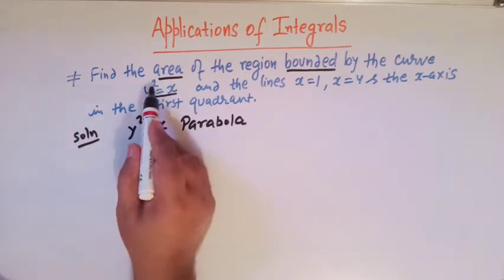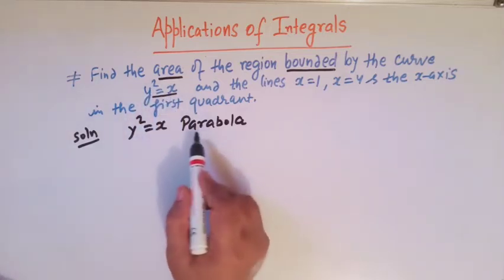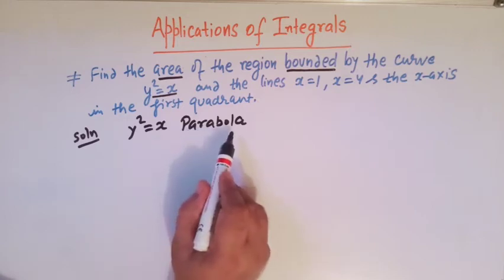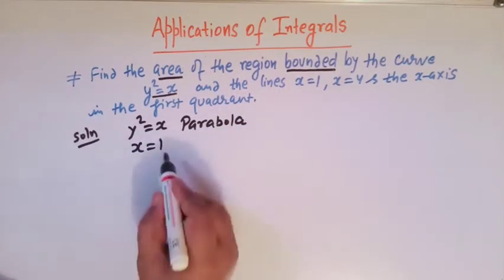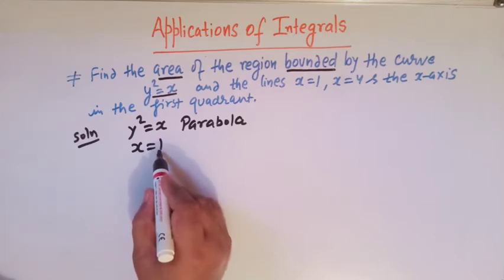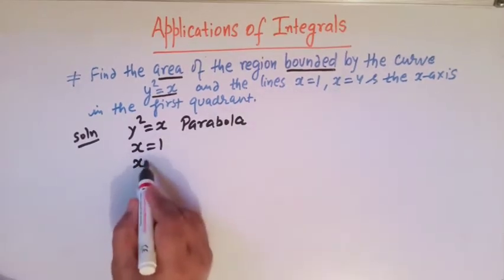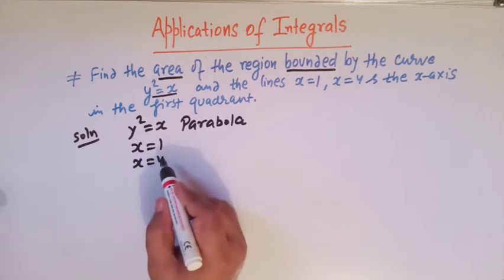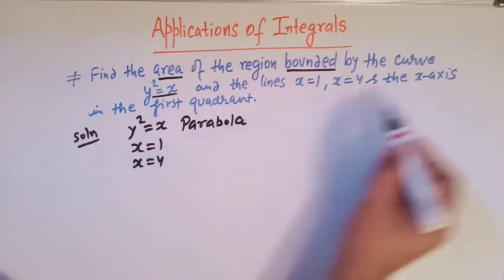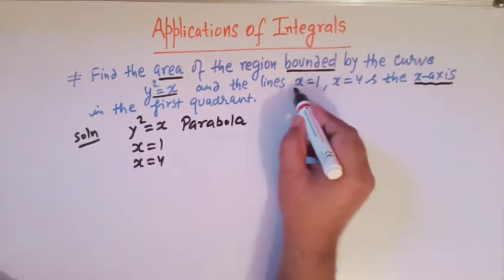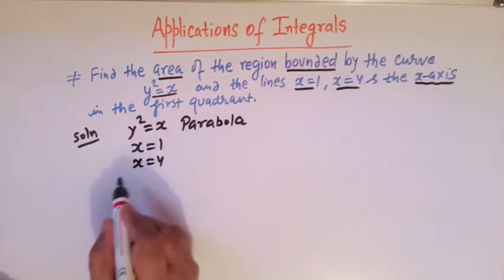So here we have y square is equal to x, which is a parabola, and the line x equal to 1 is a line parallel to the y-axis, and x equal to 4 is again a line parallel to the y-axis, and the x-axis, right?